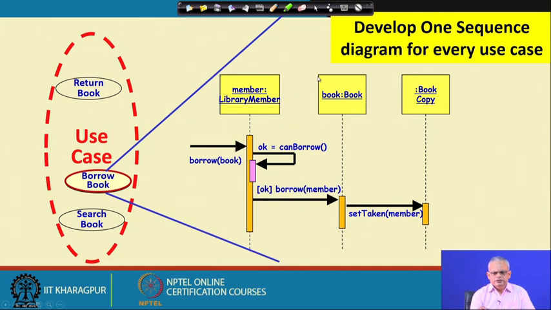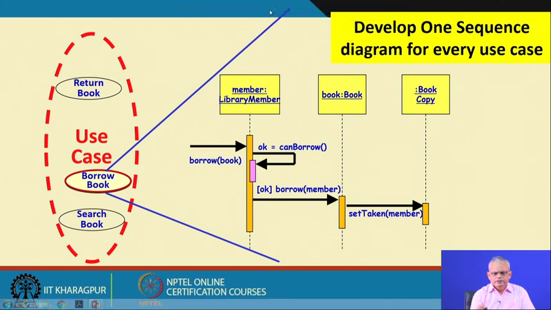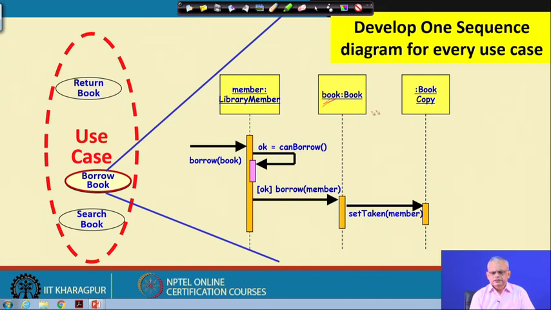This one is an instance of the book class; small book is an instance of the book class. And then just see here, we have not even mentioned the name of the object, and that is because it is an anonymous object, any book copy.